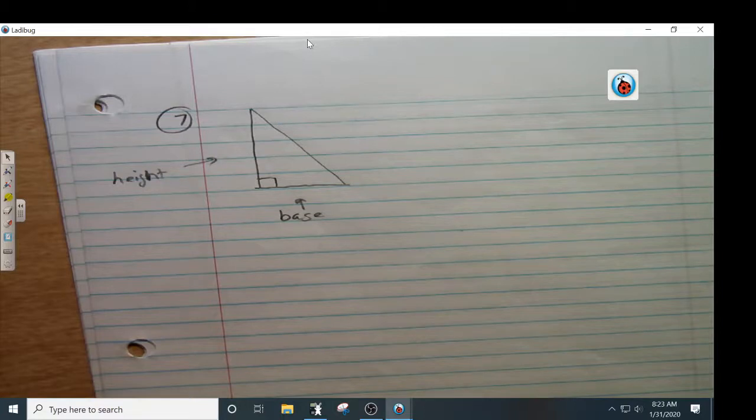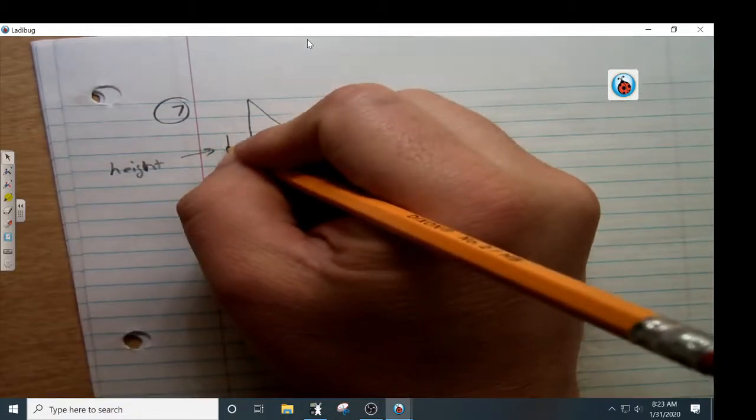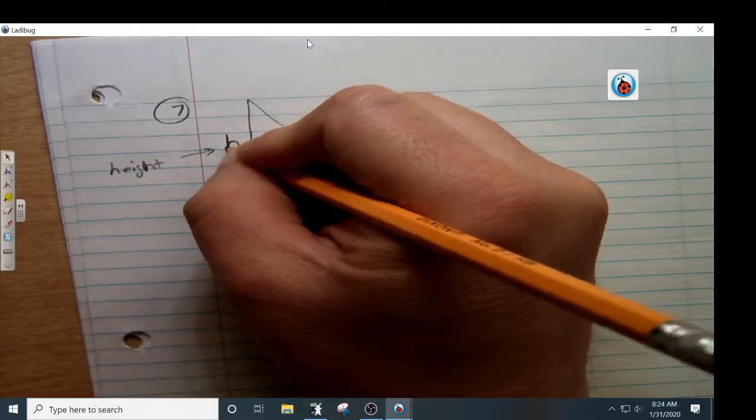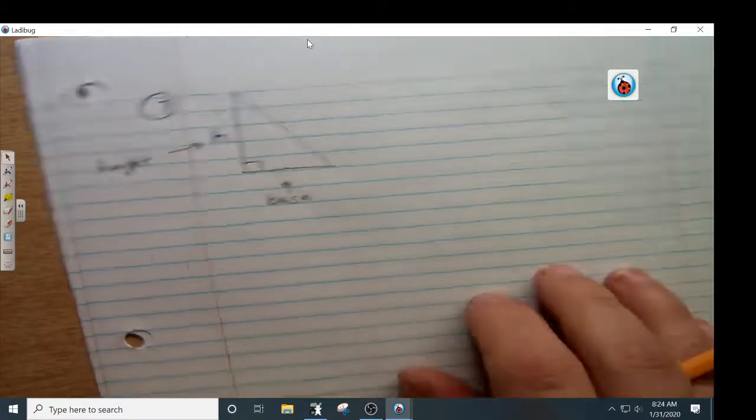So now if the base is longer, I'm going to let height be H. Let the shortest side have the single variable with it. Now there are some exceptions to the rule, but most of the time if you let the shortest side be the variable, usually it works out pretty good. Okay.